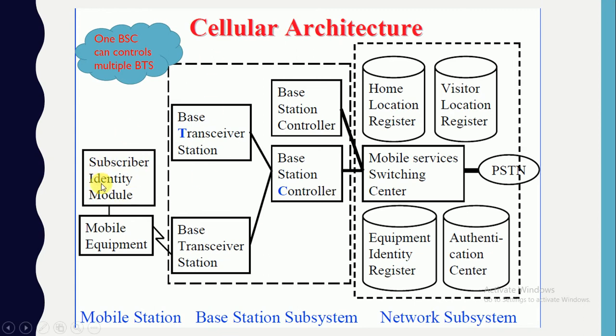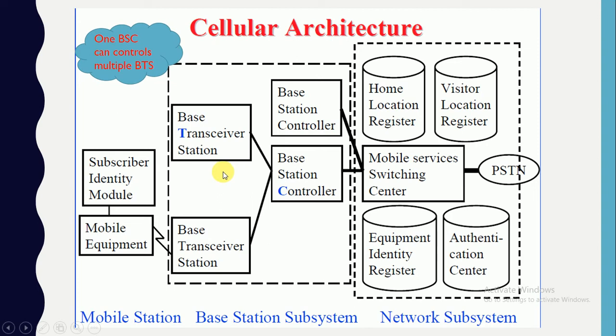Talking about cellular architecture, your SIM will definitely have some identity. This is the subscriber identity module. The SIM is inserted in the mobile, so the SIM is connected to the mobile equipment. This is one box.